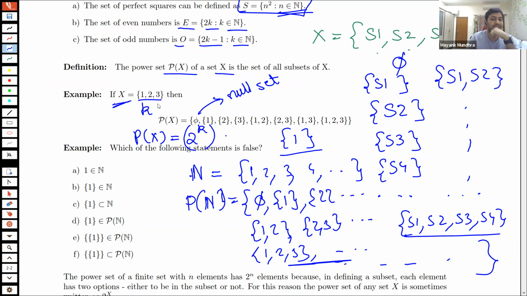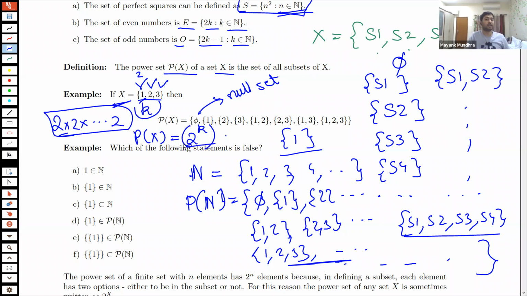If X has k elements, then when you're building any subset, each element has 2 options: either to be in the subset or not be in the subset. So each of the k elements has 2 options, so you're multiplying 2 k times, which becomes 2 to the power k. So you will have 2 to the power k elements in the power set of any set that has k elements.